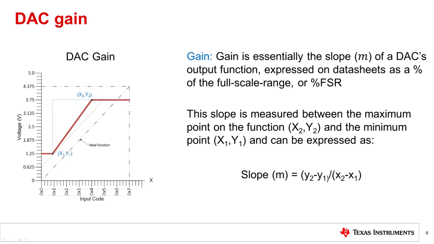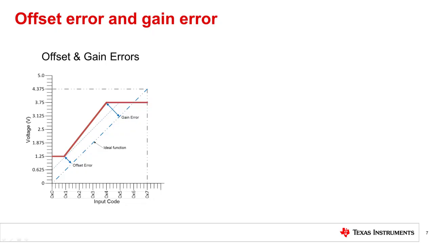This slope, measured between the maximum point on the illustrated function, x2, y2, and the minimum point, x1, y1, can be expressed as the slope m equals y2 minus y1 divided by x2 minus x1. Next, we will look at the errors that actually impact the resulting DAC function and its gain.